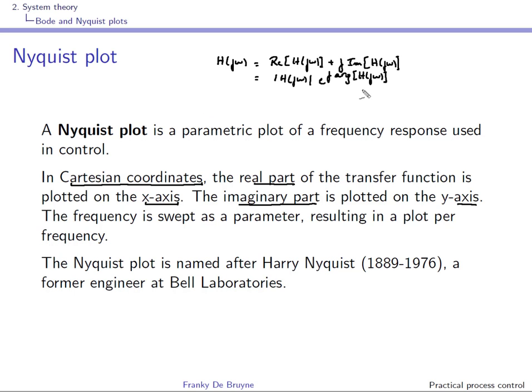With this interpretation, the Nyquist plot replaces the two plots making up the Bode plot, so magnitude and phase, with a single plot depicting a rotating phasor.